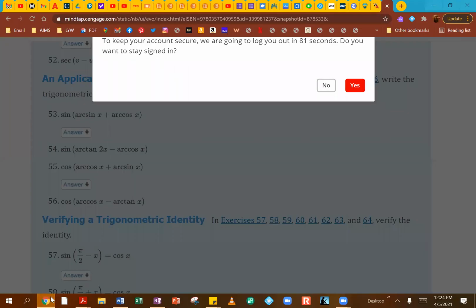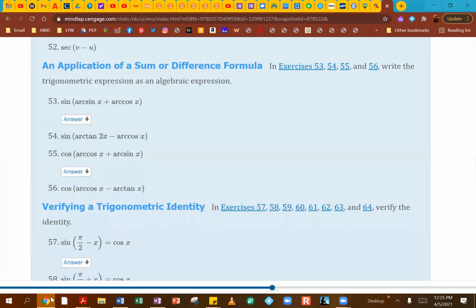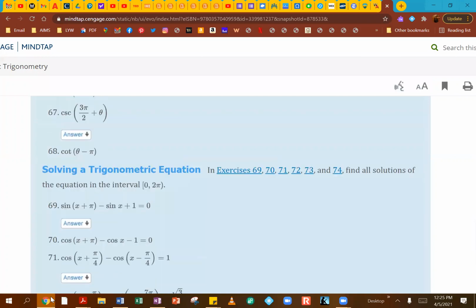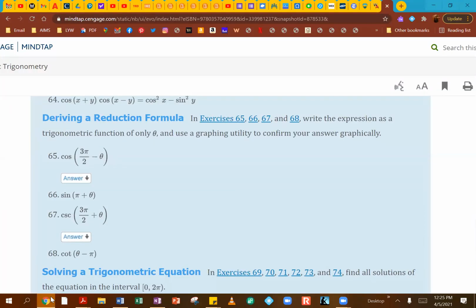Now looking at our next example over here. And we were looking at trigonometric function of only theta. So basically they're saying, find a way to get rid of the other angles, just try and get it down to one single angle.